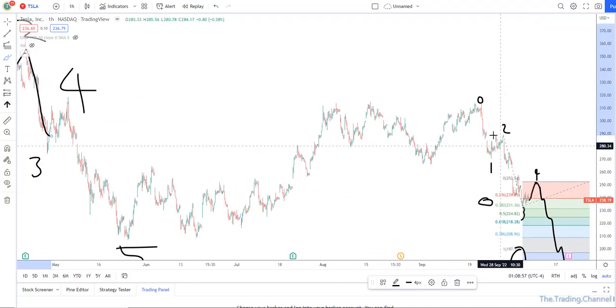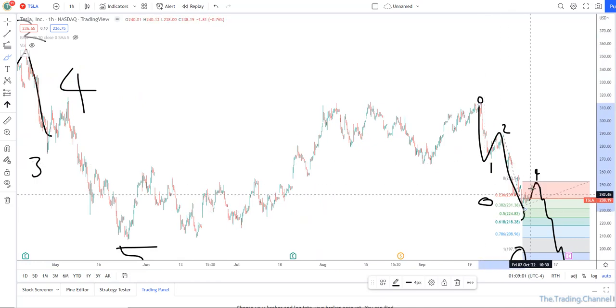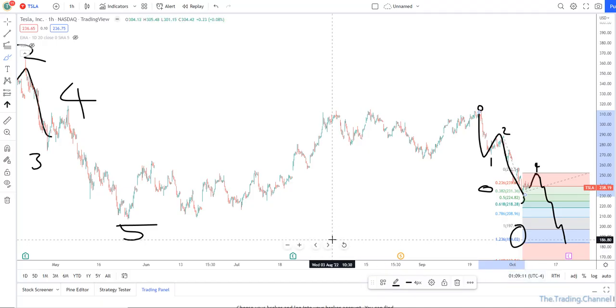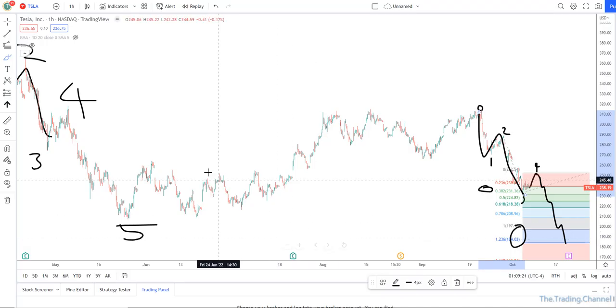This is what it is doing now. We haven't even come up for 4. Once it comes up for 4 and rejects, we may go for wave 5, which will lead us to easily below $200 for sure. So just be careful if you want to buy this stock. Unless you're telling me for investment, go ahead. For trading, try to stay a little bit bearish more than bullish.